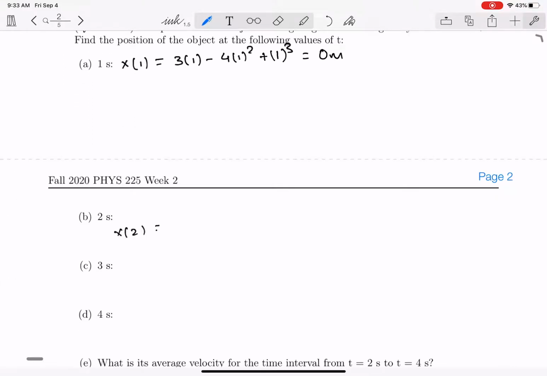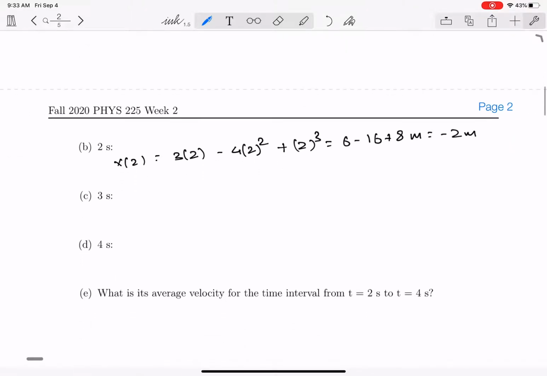Similarly, you can do it for 2. x2 is 3 times 2 minus 4 times 2 squared plus 2 cubed, that is 6 minus 16 plus 8 meters, that is negative 2 meters. That's the position.